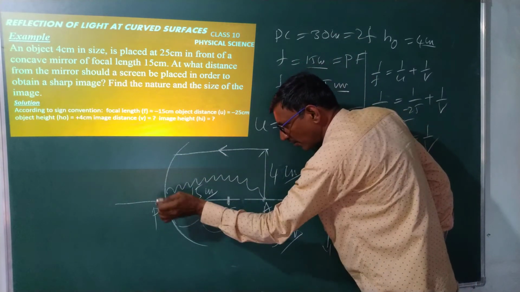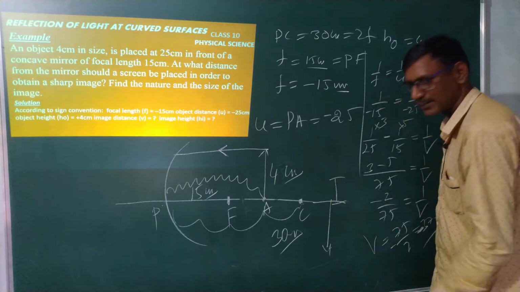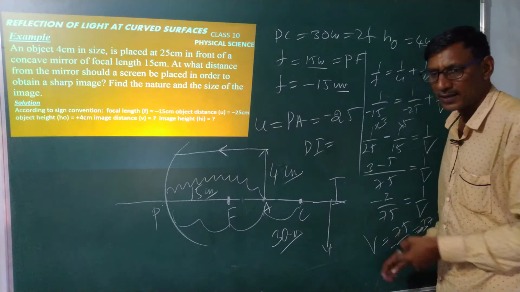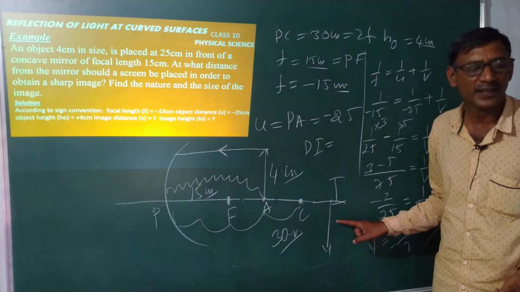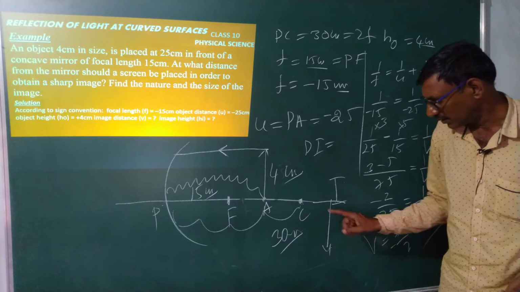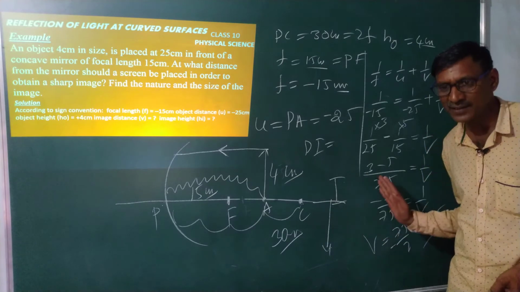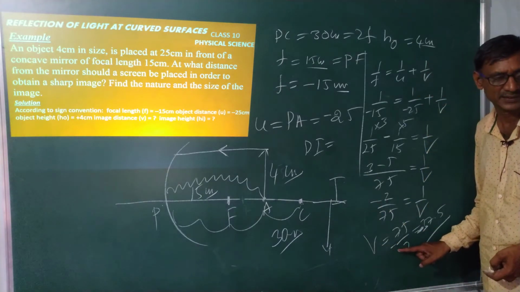I'm measuring from pole to image. This is my image distance, v. This must be negative because my image can be caught beyond the center of curvature. Beyond the center of curvature. That's the reason I got minus.